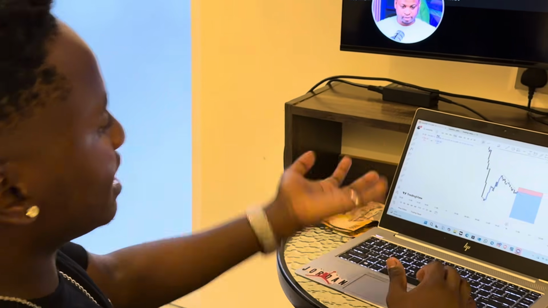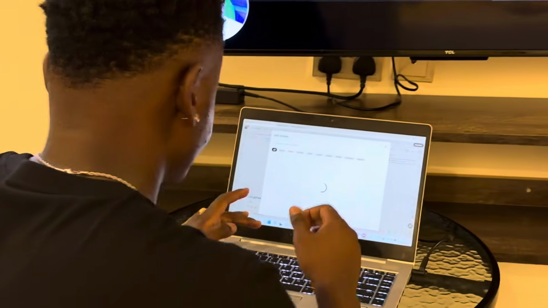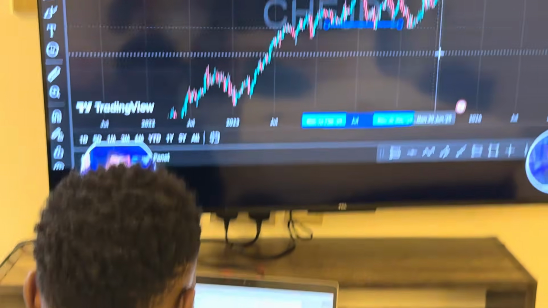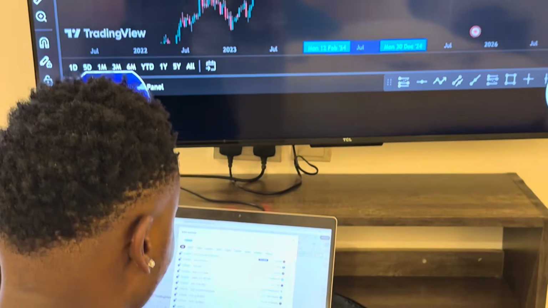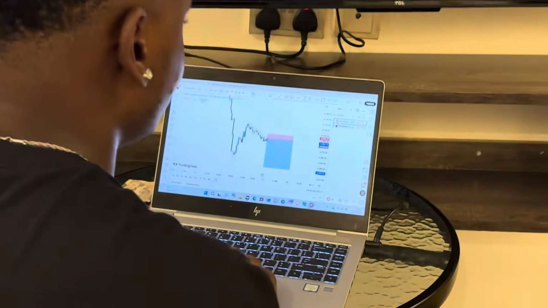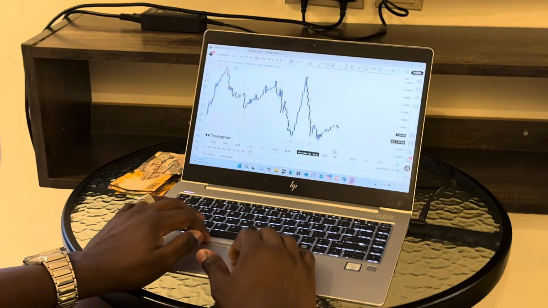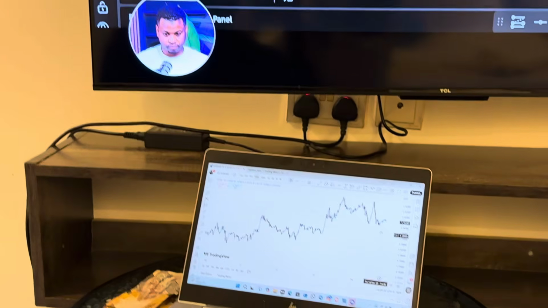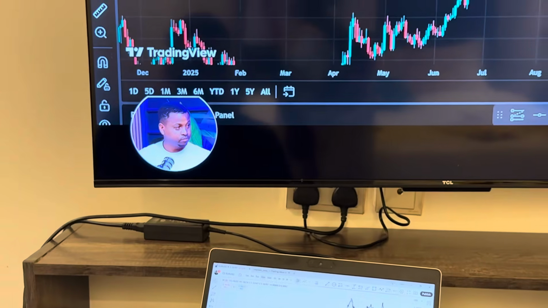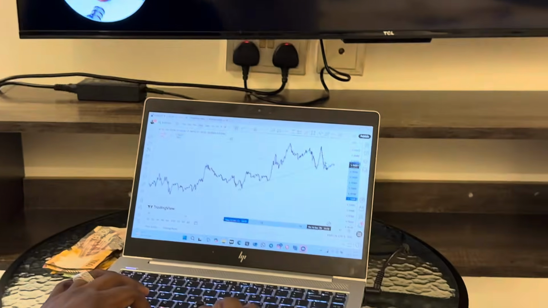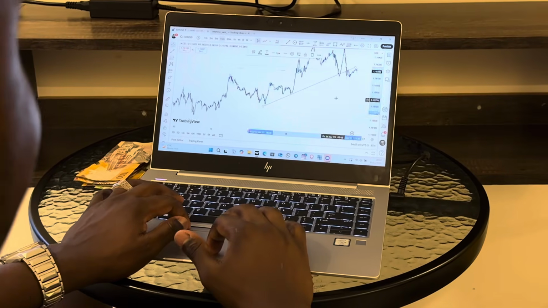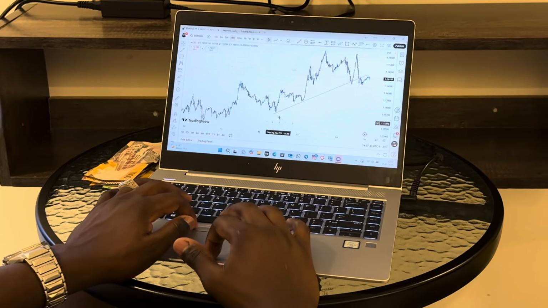For example, I can come here and add another example. I want an example where the market is bullish, because we have already looked at a bearish market. For example, this Euro USD. I want to look for a market that is bullish. You see, for example, I can draw my trend line like this. You see here your market was bullish.